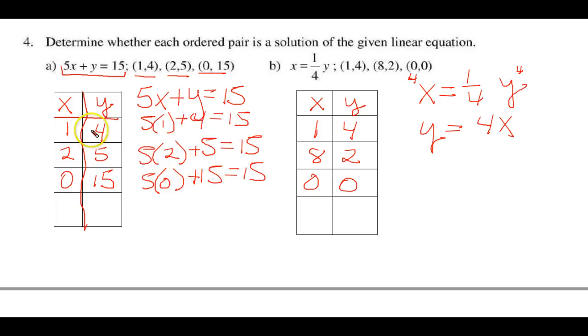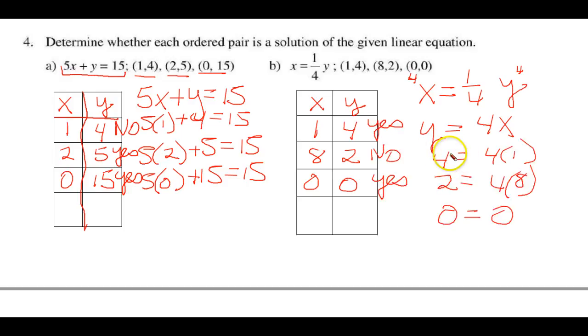Now, in the first example, we get 5 plus 4 is 9, so this would be a no. This is 5 times 2 is 10 plus 5, 15. This is a yes. 5 times 0 is 0. 15 equals 15. This is a yes. And let's do these.